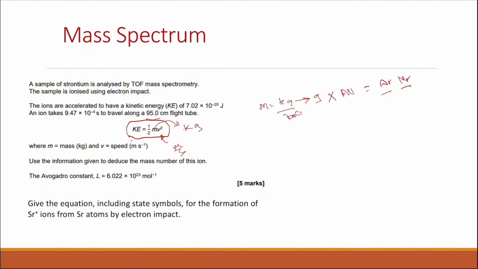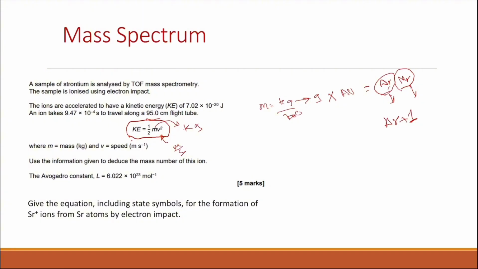Remember, if we use the electrospray, then the Ar or the Mr that you get is actually not the Mr or the Ar, it's the Ar +1. So to find the mass of that particular particle, you have to take away 1 because we added a proton. So the mass we calculated at the end is m +1, not m. So this is very important.